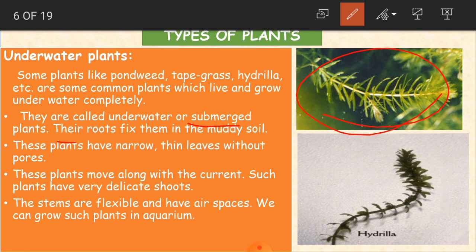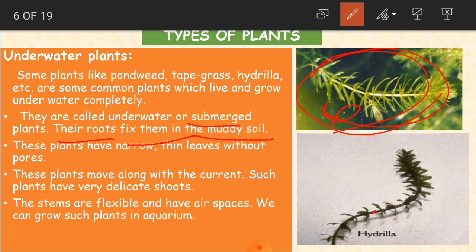Okay, their roots fix them in the muddy soil. Even here the roots of the plants are fixed in the soil, but the only difference is that for fixed plants like lotus and lily, even though the roots are fixed in the mud, the leaves and the flowers are floating over the surface of the water.